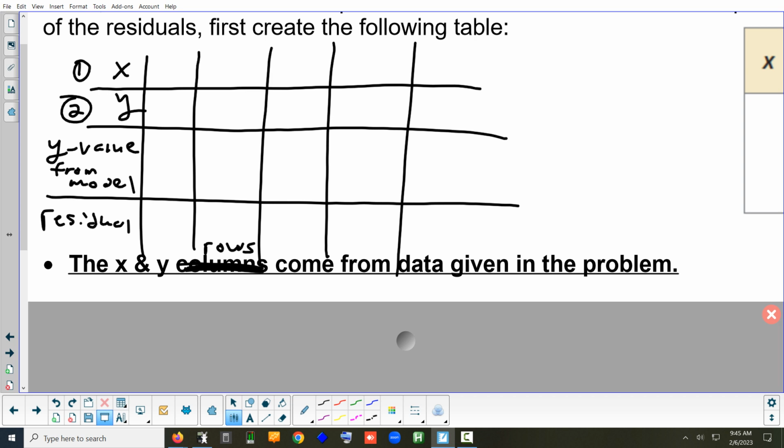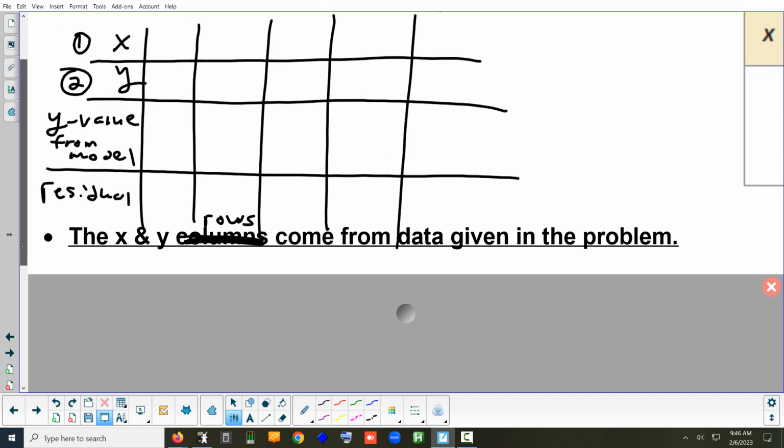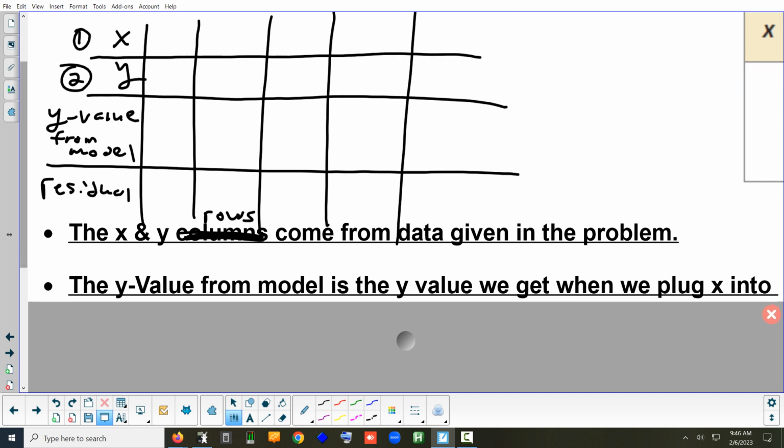You don't have to do any math at all for rows 1 and 2. Row 3, that's the Y value from the line you drew. Remember, it might not be exactly the same as your data point. It might be off a little bit because it's an estimate.